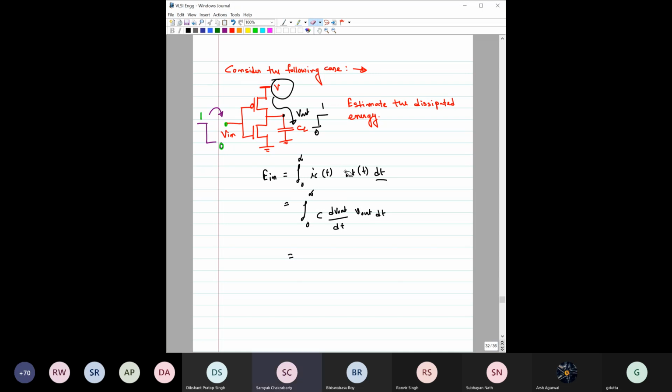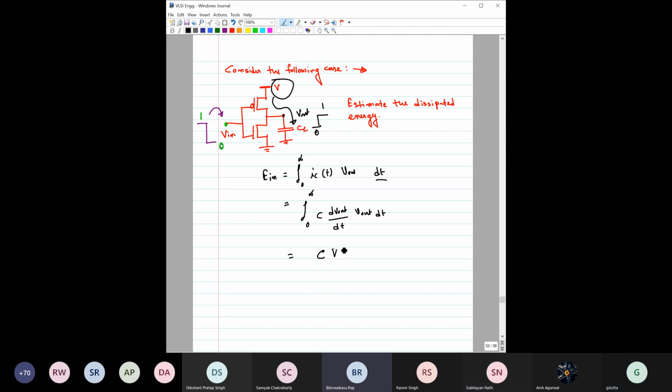So it can be written as C into d of V out square by 2. Are you saying it correctly? C into d of V out square by 2. Will it be by 2? That's what I wanted to know.